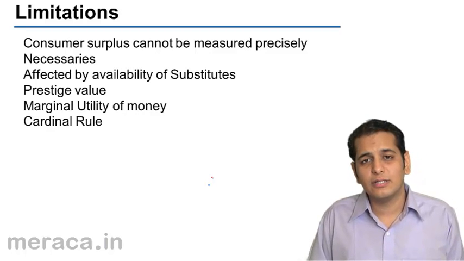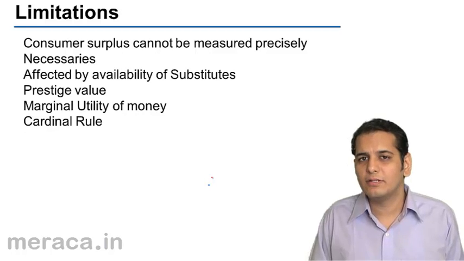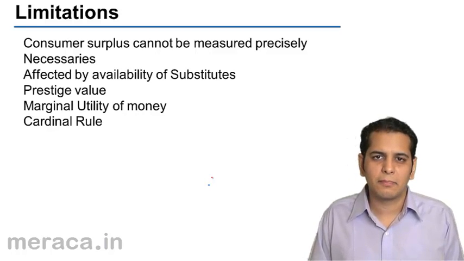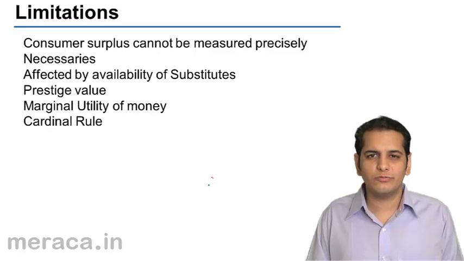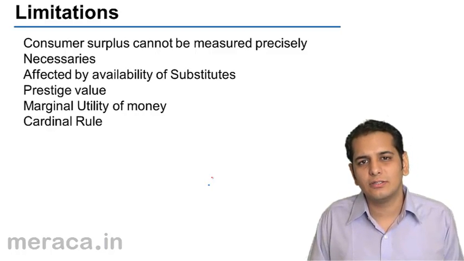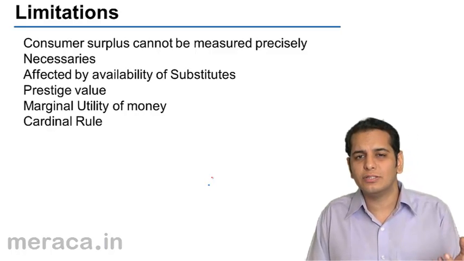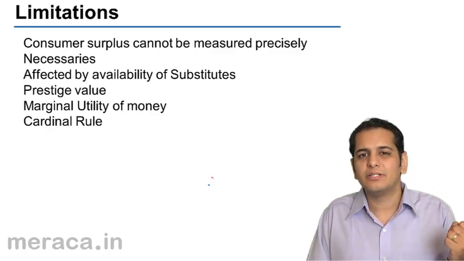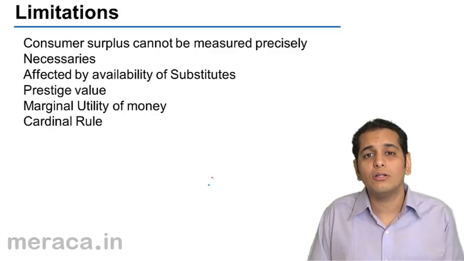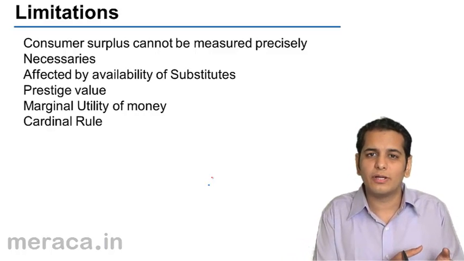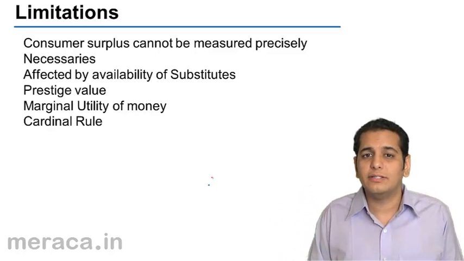Consumer surplus is affected by the availability of substitutes. Now, if substitutes of the product being considered are available in the market, the marginal utility derived from it diminishes at a higher rate, or the consumer might altogether go for the substitute.